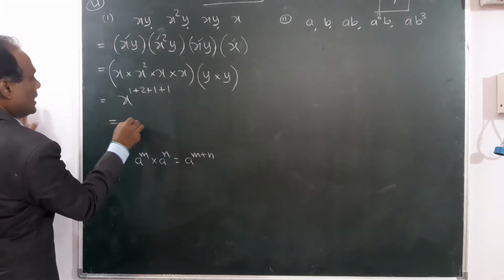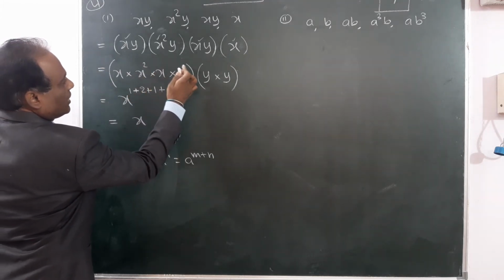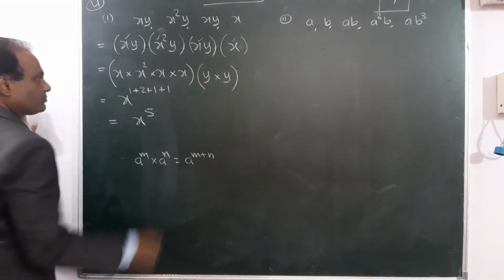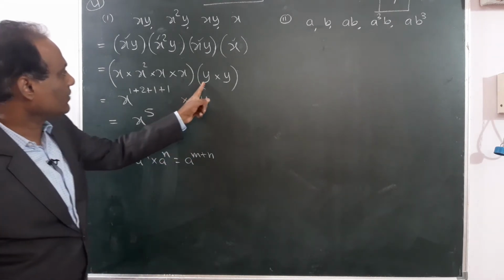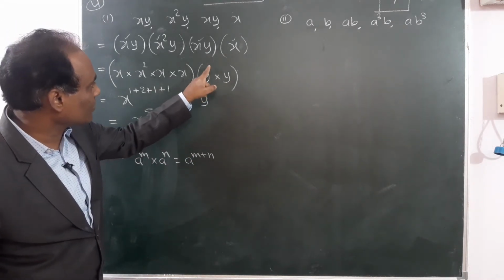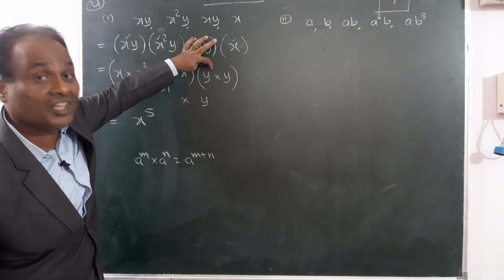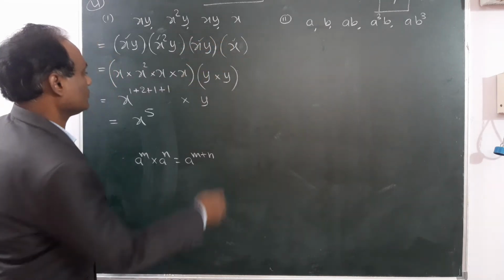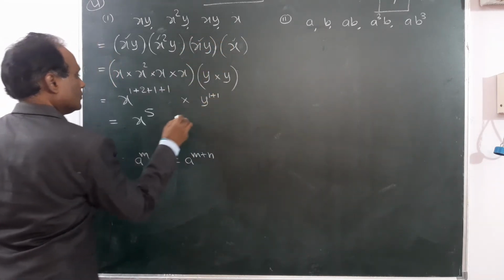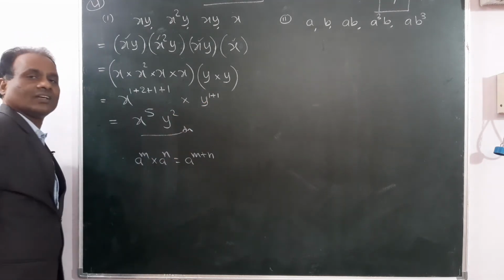So total x power is 1 plus 2, 3 plus 1, 4 plus 1, 5. Next, y power how much? Bases are same, powers are added. 1 plus 1 is 2. That's all.